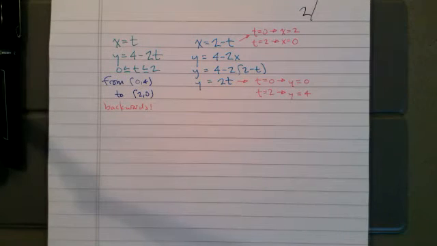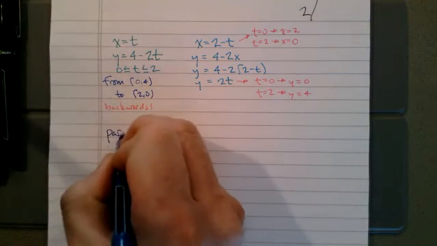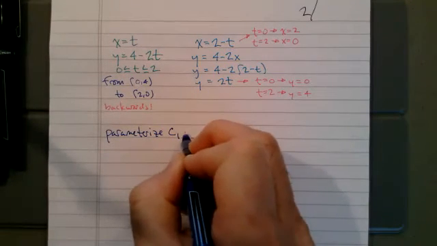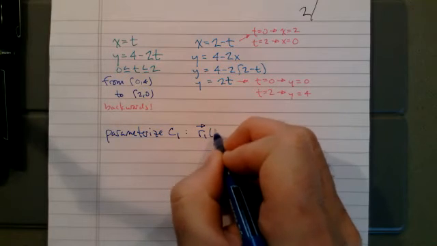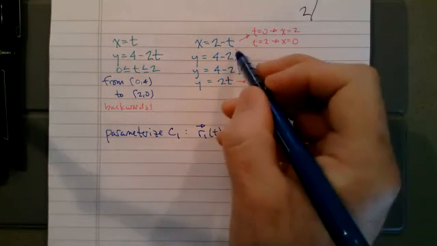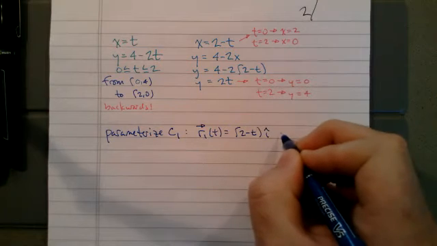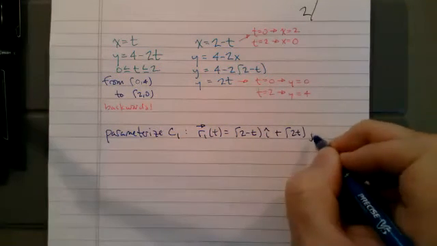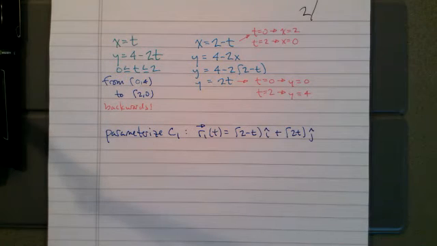So now we have the parameterization for C1. R1 of t is x, which is 2 minus t, times i, plus y, which is 2t, times j. There's our parameterization of C1.